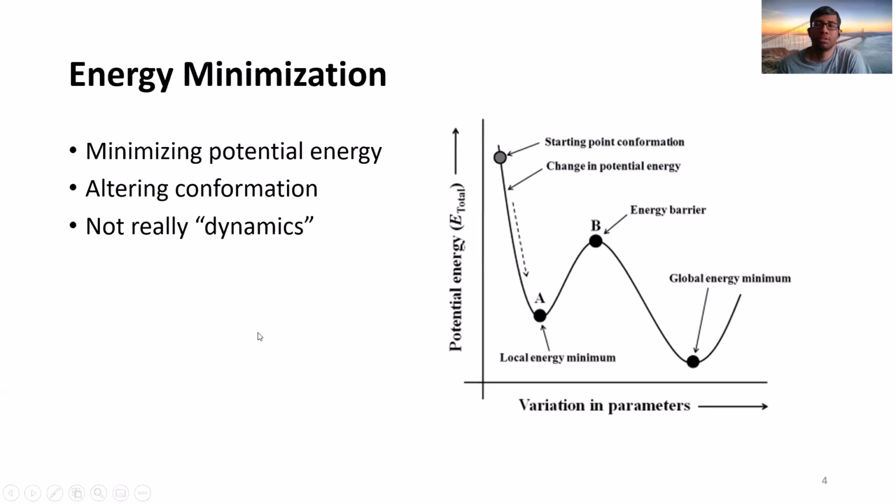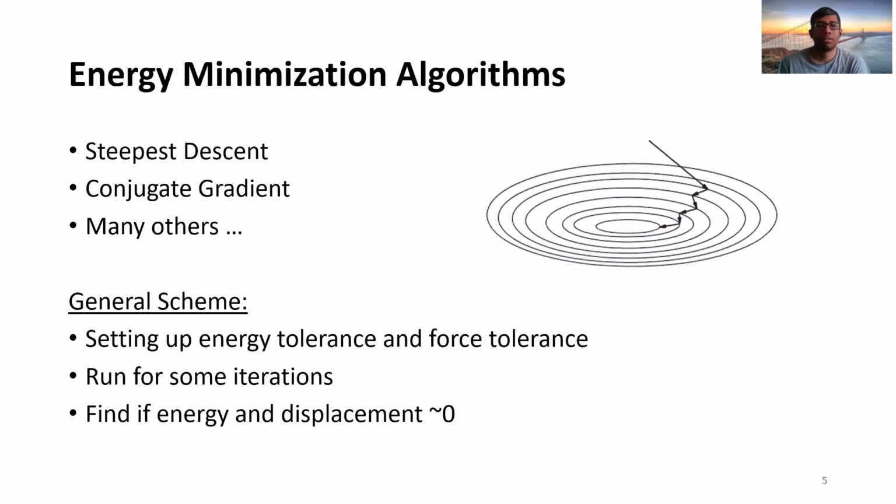So in energy minimization, we said that we want to run an MD simulation, but before that, we have to actually minimize the total potential energy of the system by running some algorithms by this general scheme, by setting up some energy tolerance and force tolerance and running it for some iterations to find whether after some iterations the energy and displacement is close to zero, so that we can be sure that the current conformation is energetically viable to run an MD simulation.